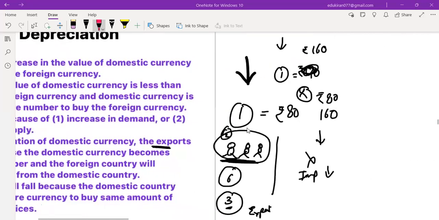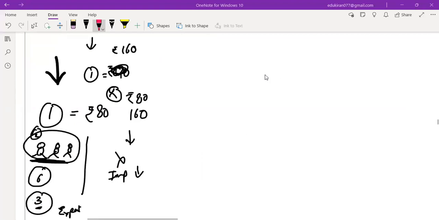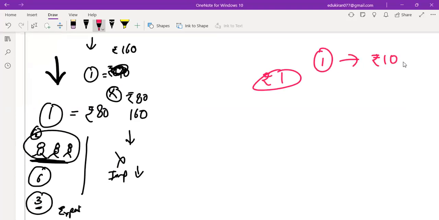For example, right now, to purchase $1, you have to give 10 rupees. But later on, to purchase $1, you have to give 20 rupees. Earlier you were purchasing one apple, but now to purchase the same apple, you need 20 rupees.